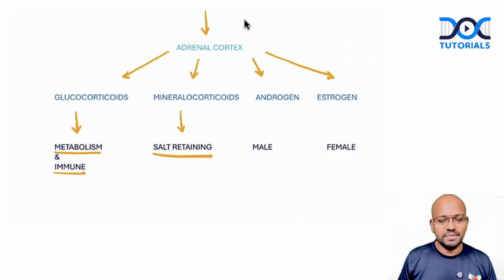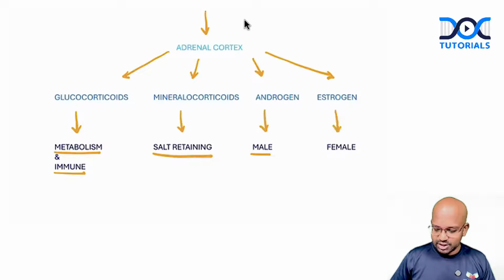What exactly does it mean? It retains sodium and water, thereby increasing the body's water content and salt content. Androgens are the male sex hormones, whereas estrogens are the female sex hormones, thereby the secondary sexual characteristics get developed further.